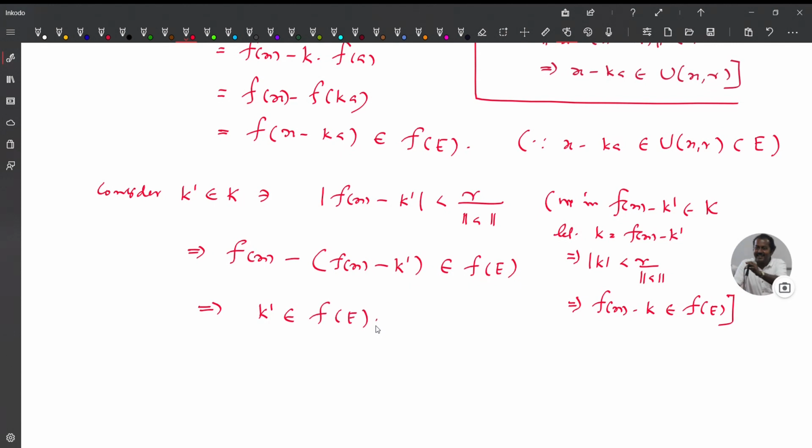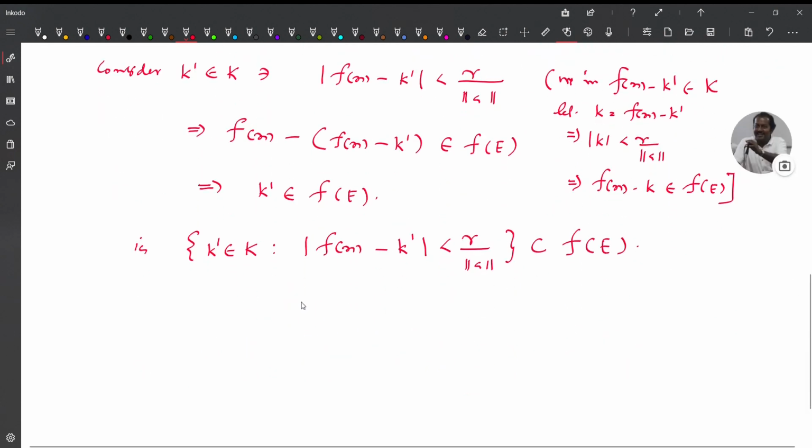That is, the set of all k dash in K such that modulus of f(x) minus k dash is less than r by norm a is contained in f(E). And you know this is an open ball with center f(x) and radius r by norm a, which is contained in f(E).